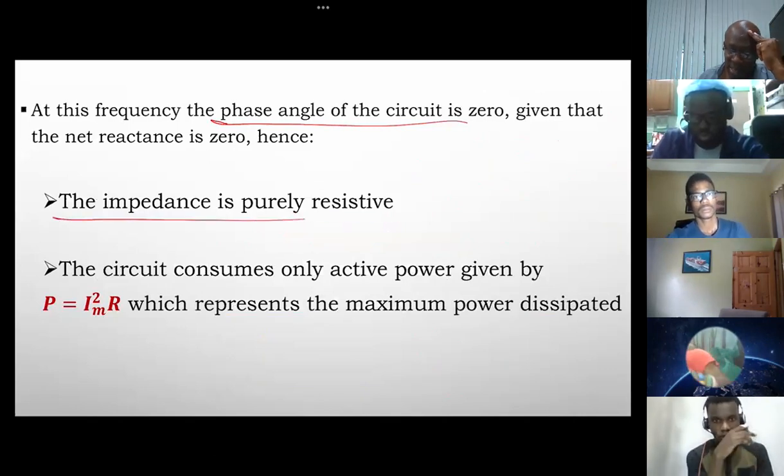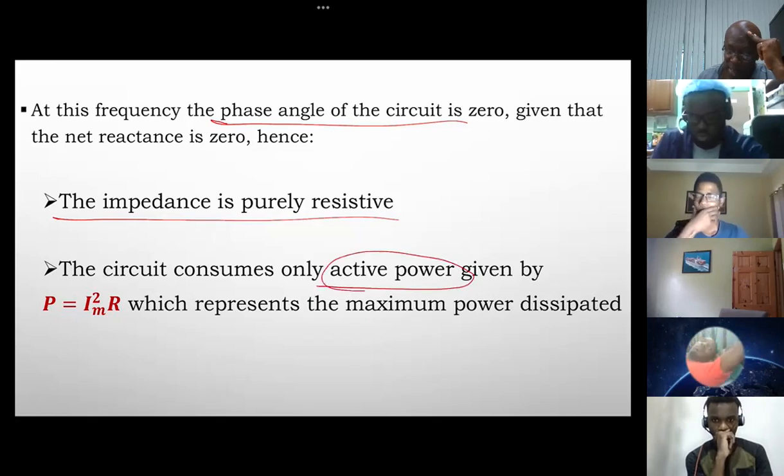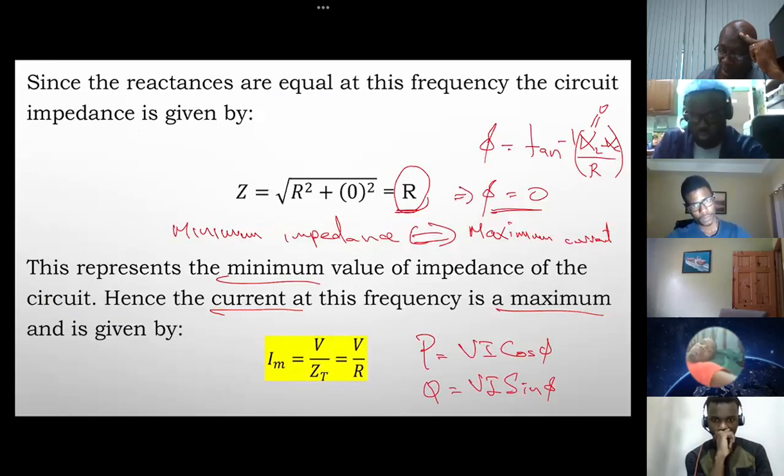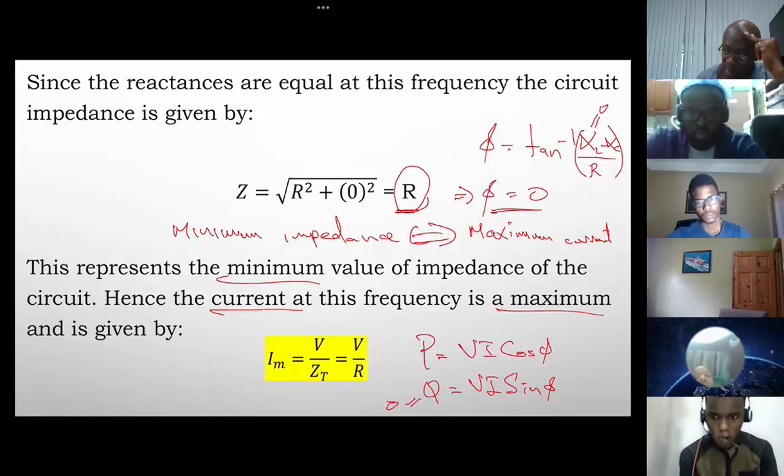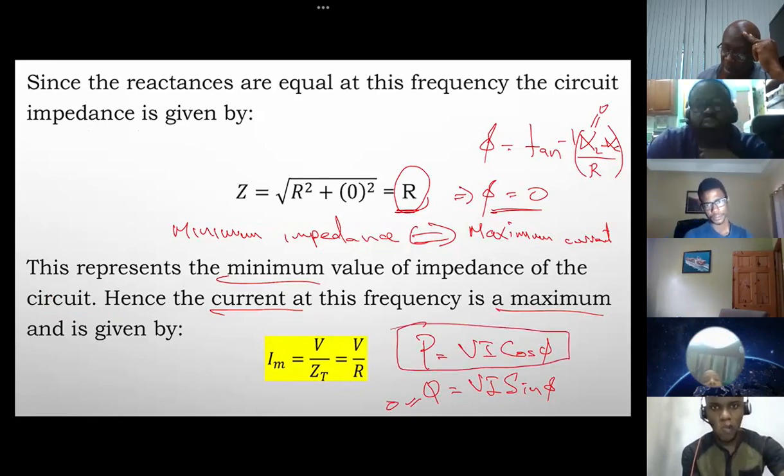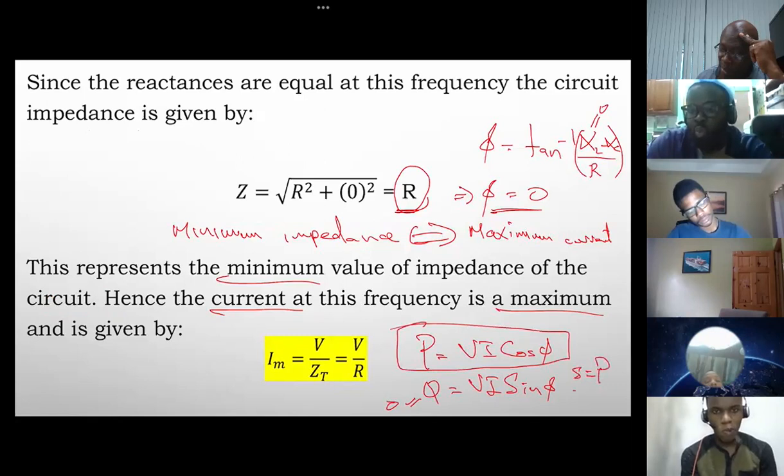We have already established that the impedance is purely resistive. But we can also state that the circuit will only consume active power. Because if we go back to this, cos of 0 is 1, sine of 0 is 0. So Q would be equal to 0. So what we would have is only active power. So S would be equal to P at resonance.